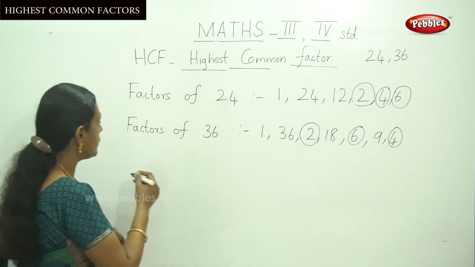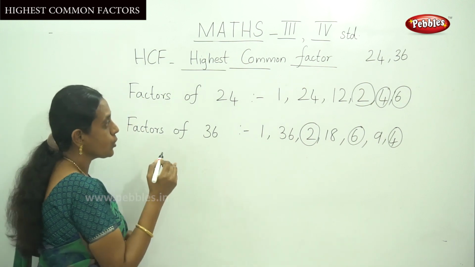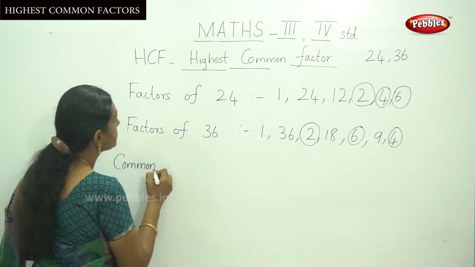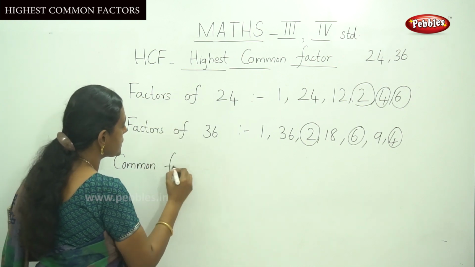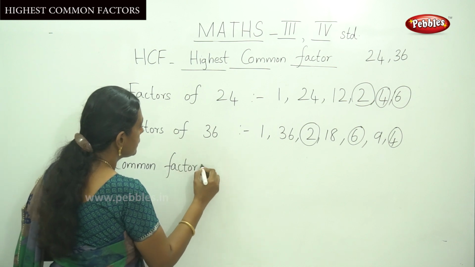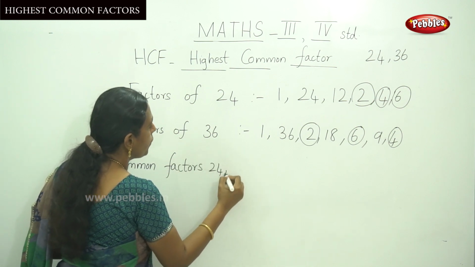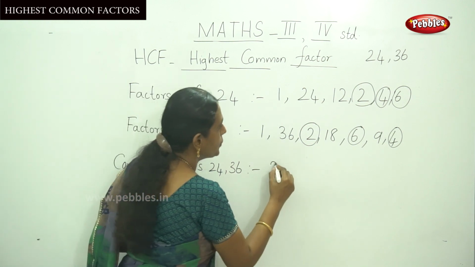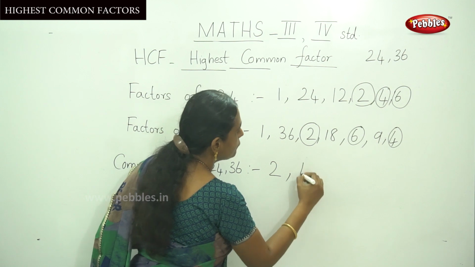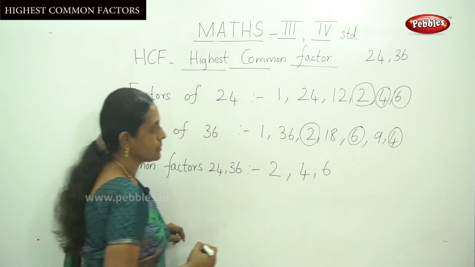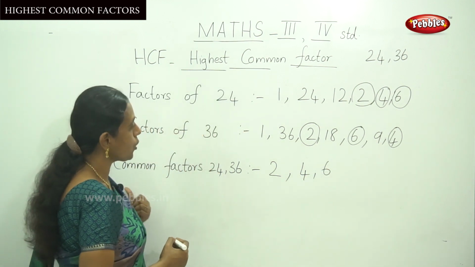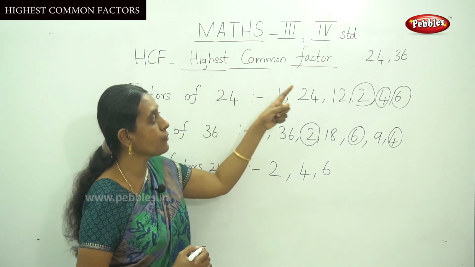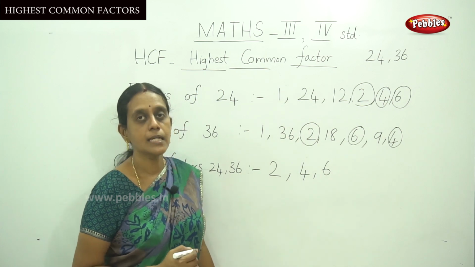Write down the common factors of 24 and 36 first: 2, 4 and 6. The highest common one is 6. So the HCF of 24 and 36 is 6.